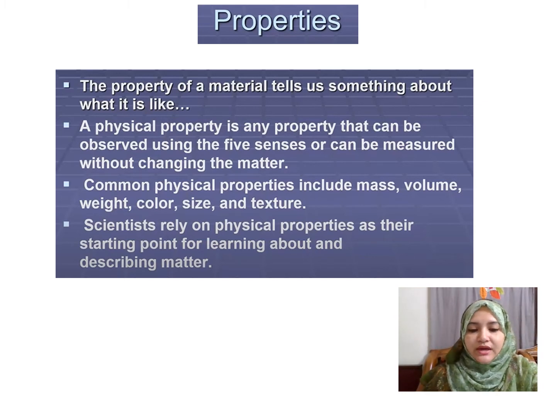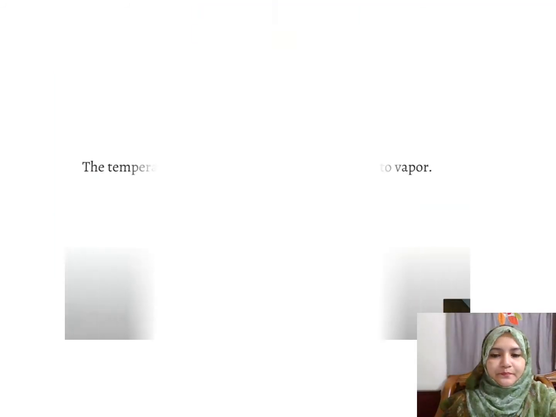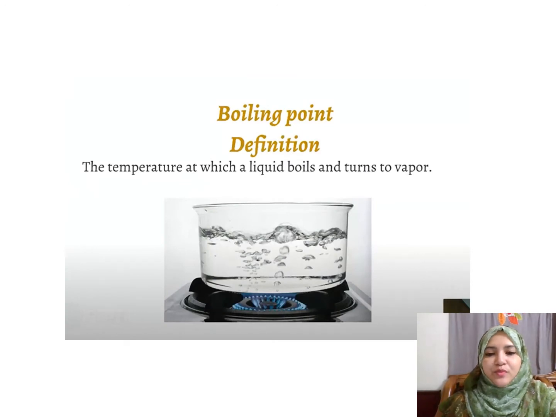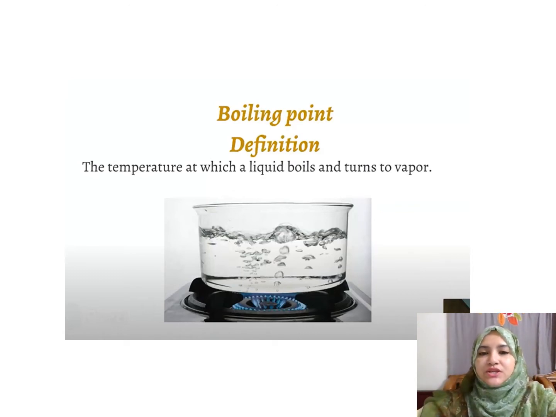Let's take a look at a few definitions of physical properties of matter. At first, boiling point: the temperature at which a liquid starts to boil and turns into vapor. Very important definition.